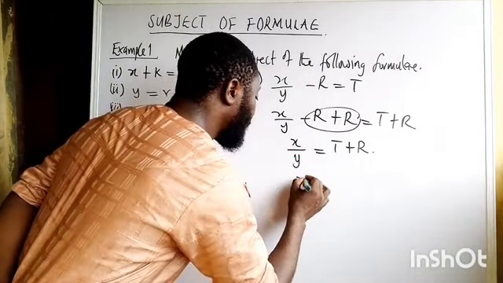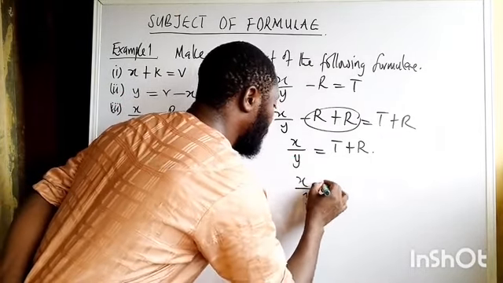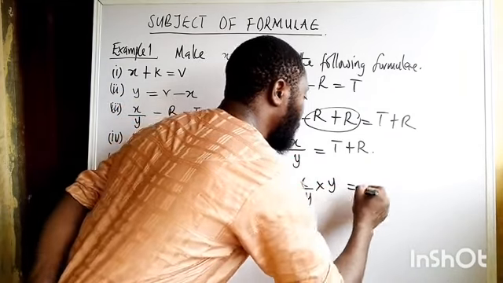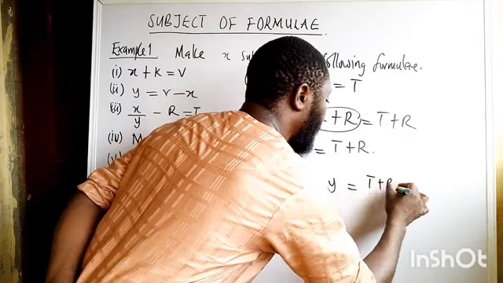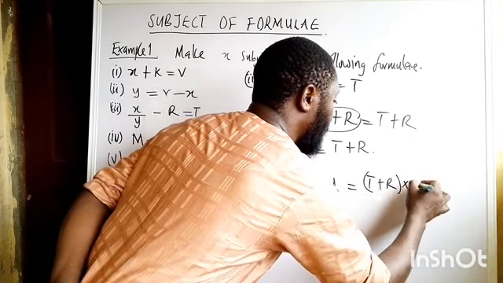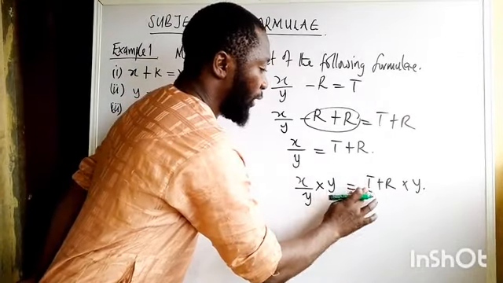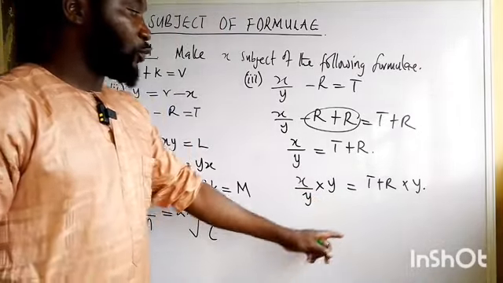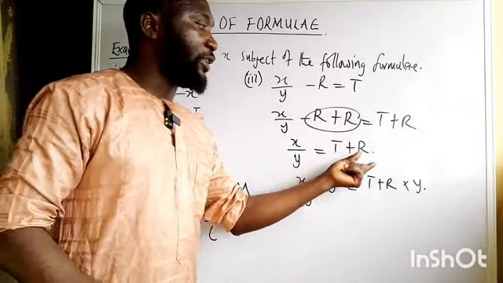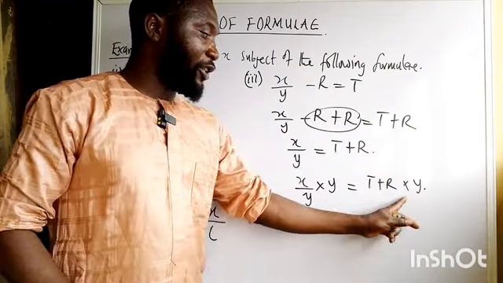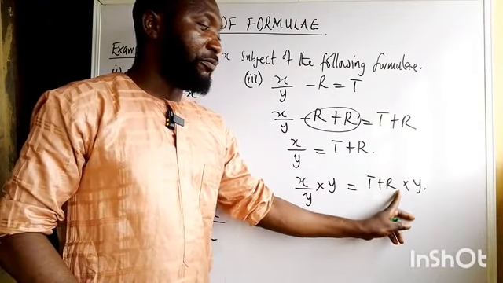So now we have x over y multiplied by y equals t plus r multiplied by y. Please don't just write it like this, because this y must multiply everything on this side. If you write it like this, it means you are multiplying only r.